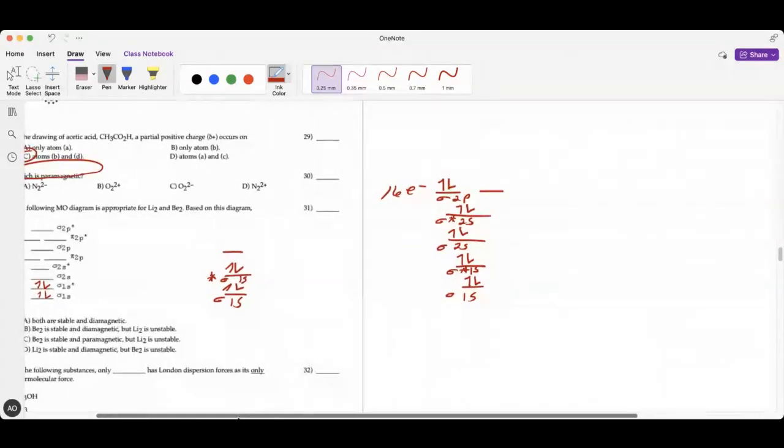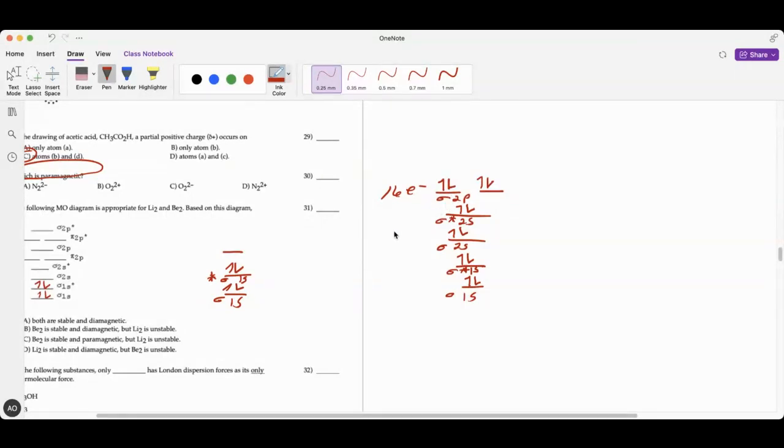We have 16. Okay, so we have 2, 4, 6, 8, 10, wait, 2, 4, 6, 8, 10, 12. Okay.